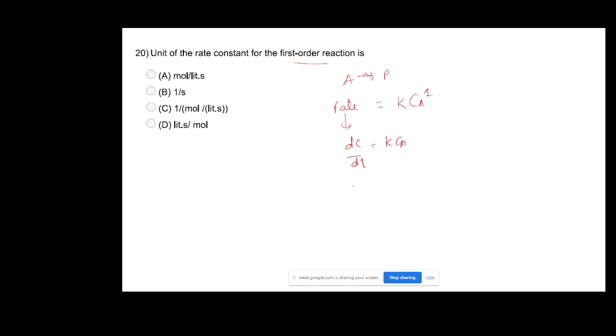Now dC by dt is moles per liter into time, which is seconds, equals k into moles per liter, the unit of C_A. So moles per liter cancels out, and the unit of k here is 1 by s. So the correct answer is 1 by s.